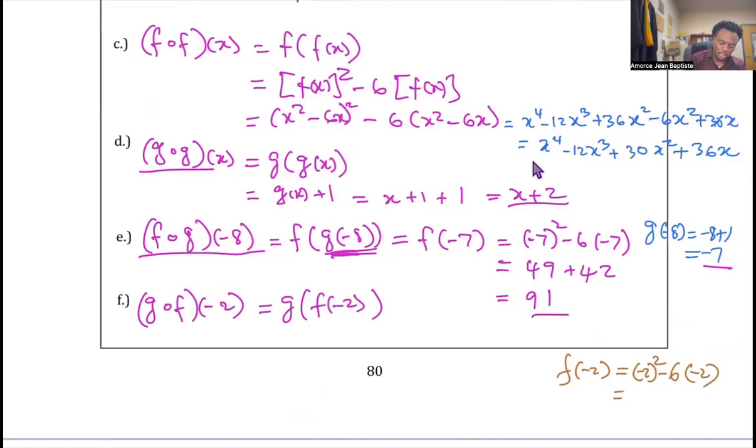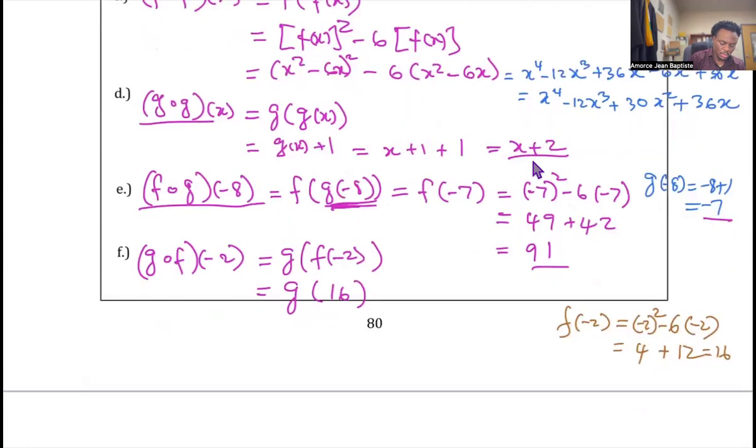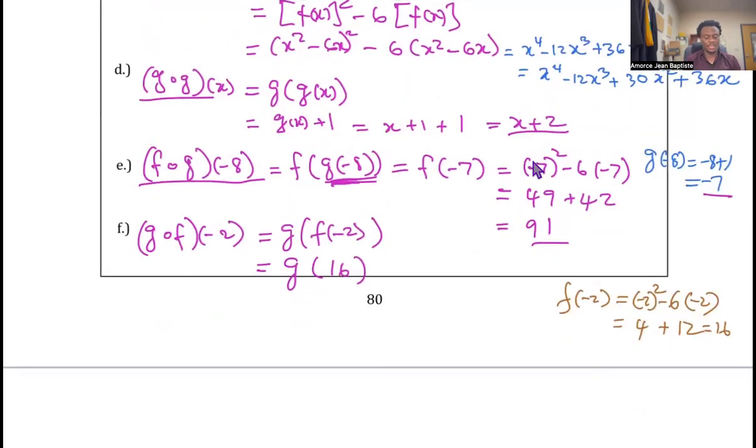That is 4 plus 12, which is 16. Back to the equation now. That is g of 16. G of 16 is replacing 16 into g every time we see x. So that's 16 plus 1, which is 17. G composition f of negative 2 is 17.